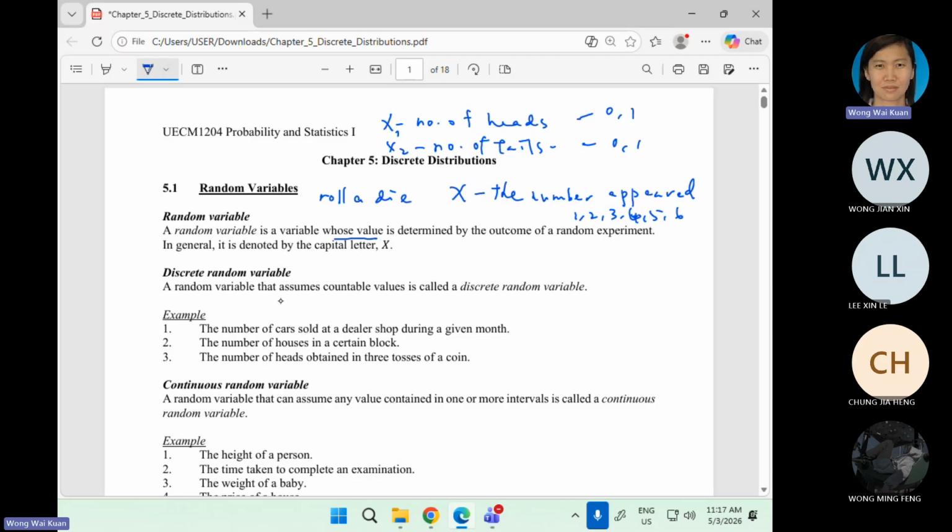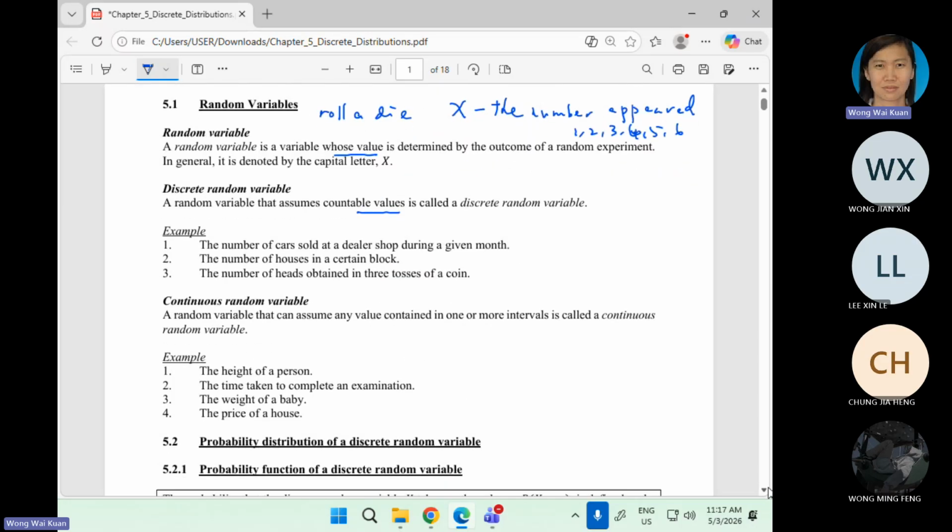Okay? Then we have the discrete random variable. A random variable that assumes countable values is called a discrete random variable. Examples are the number of cars sold at a dealer's shop during a given month, the number of houses in a certain block, and the number of heads obtained in 3 tosses of a coin. Okay? Besides discrete, we could have continuous.